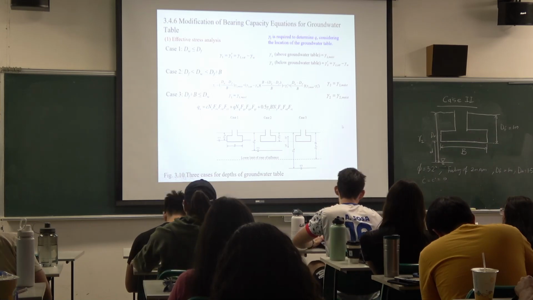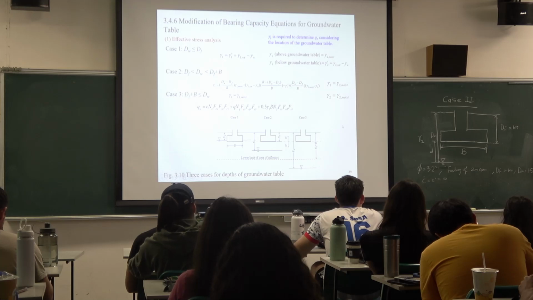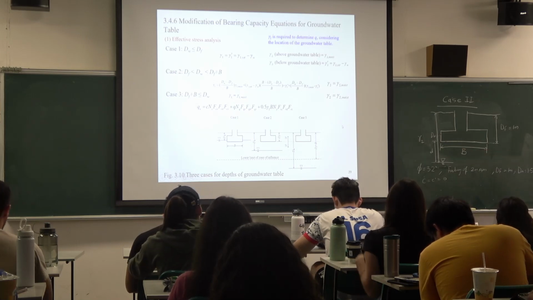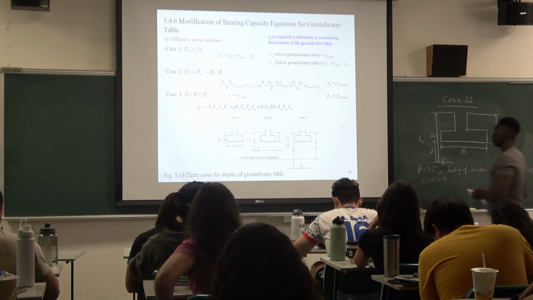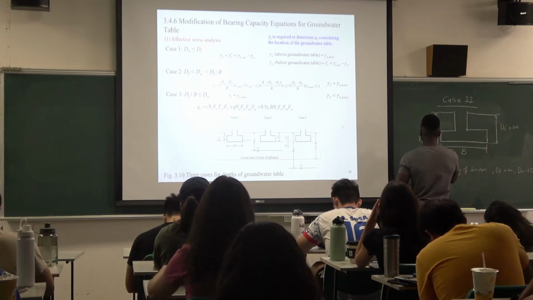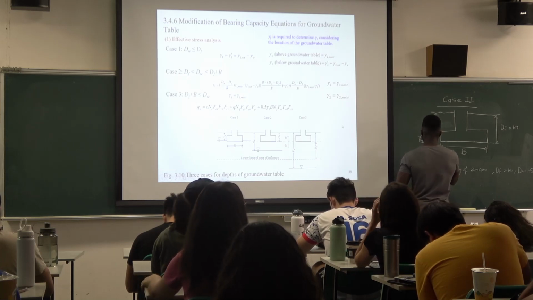Okay, so this is actually quite similar to the problem we just did, but in that case, the water level was here. So now we just move the water level a little bit lower, and then we try to solve the same problem. So in this case, here is E equal to 0.5 meters.